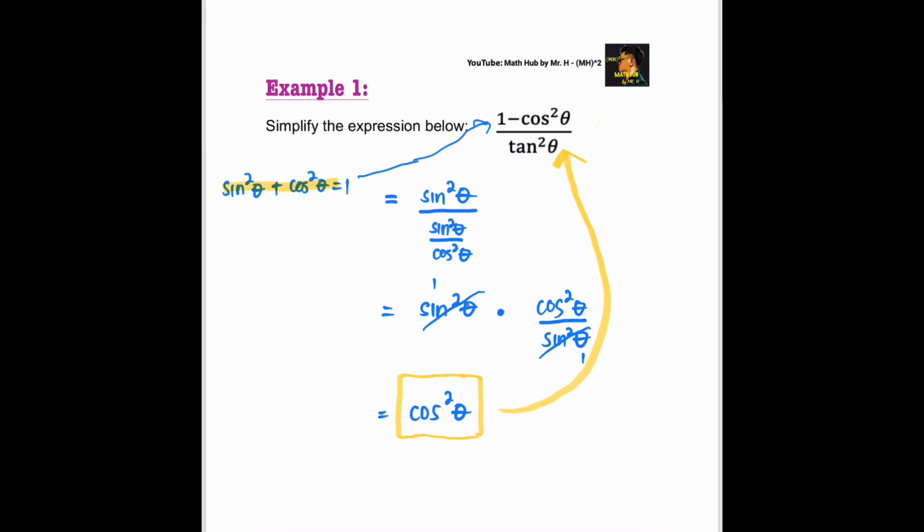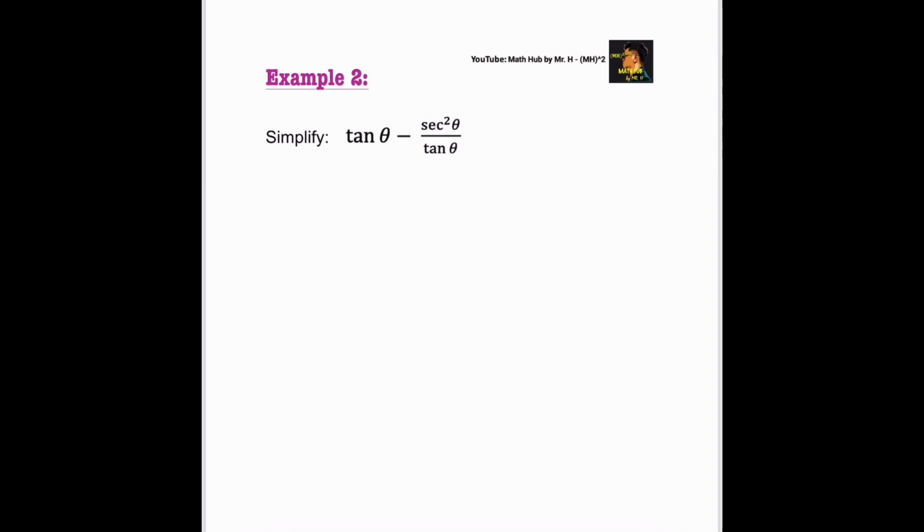All right, so let's take a look at example number 2. So we were given tangent theta minus secant squared theta divided by tangent theta. So like what I mentioned earlier, one of the things that you need to do is algebraic manipulation, right? So that can be applied here, because if we rewrite this original expression into a single fraction, this is going to be like this.